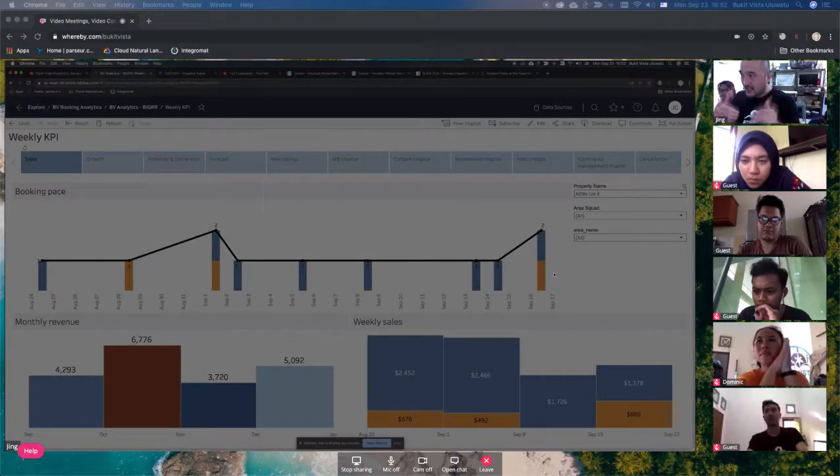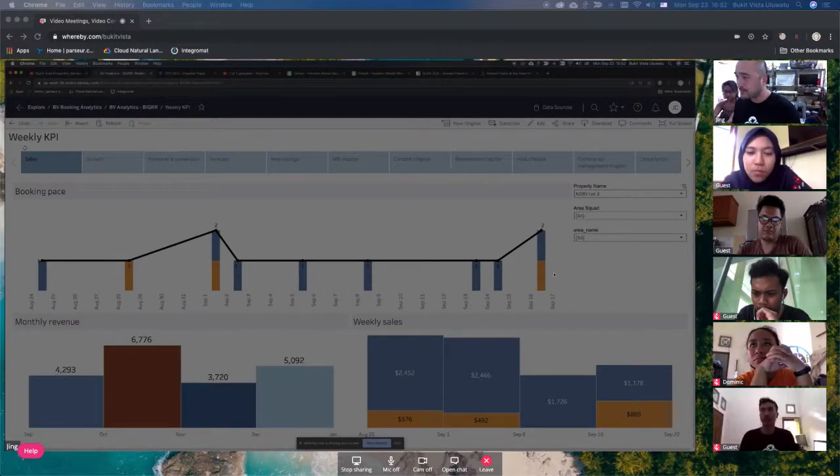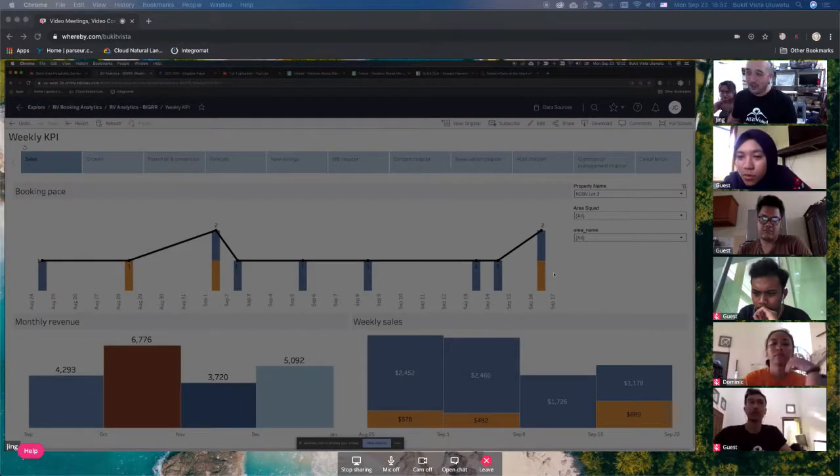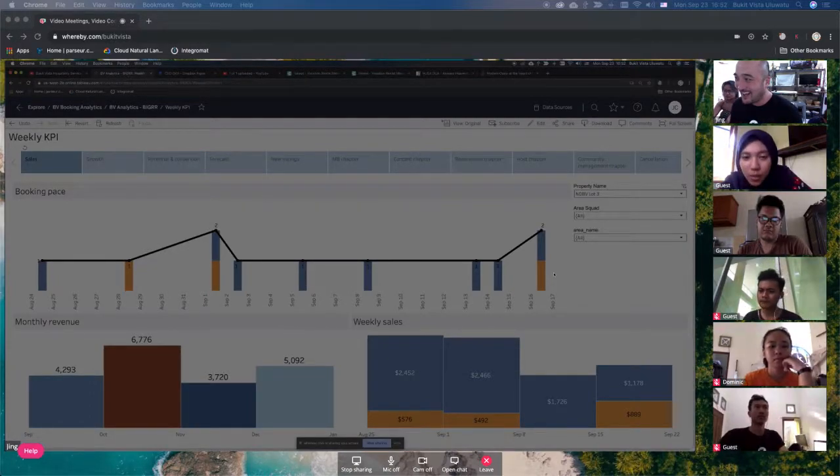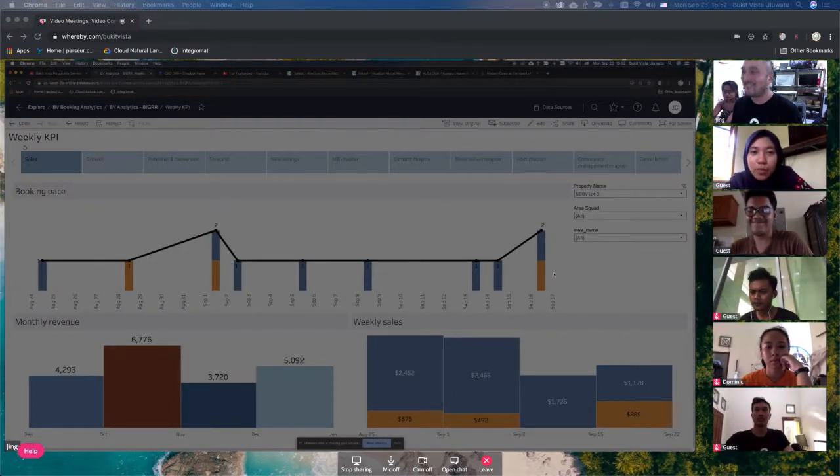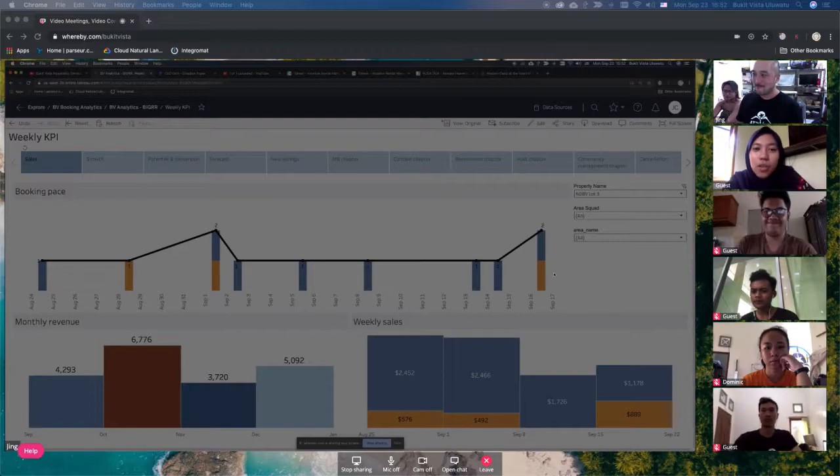Healthy, sir. Okay, Rizal thinks if today was actually September 25th, this graph would still be healthy. Cynthia, do you agree with Rizal? No. Why, Cynthia? Why do you not agree with Rizal? I think it would be unhealthy since it will have a lot of gaps where there is no booking.